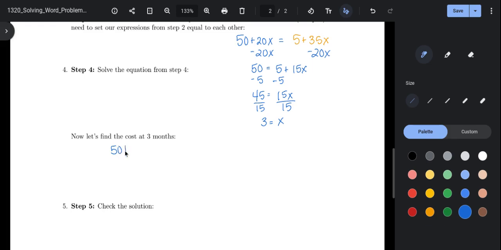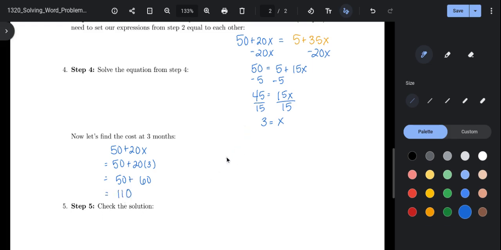So we have 50 plus 20x. I'm replacing my x with 3. So we get 50 plus 20 times 3. Remember, order of operations, I have to multiply first. So 20 times 3, we get 60. Adding those two terms together, we get 110.